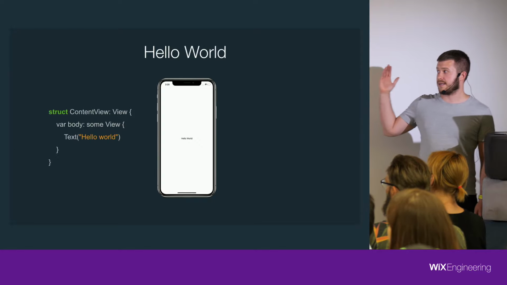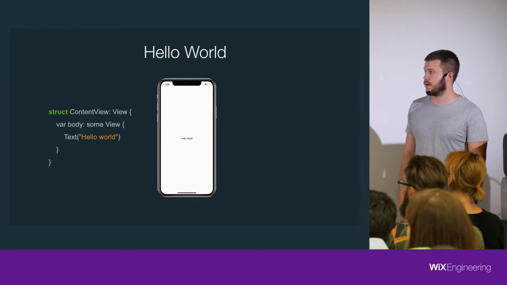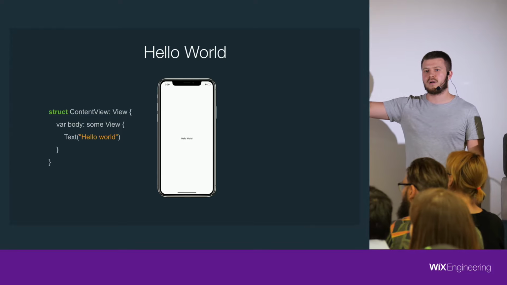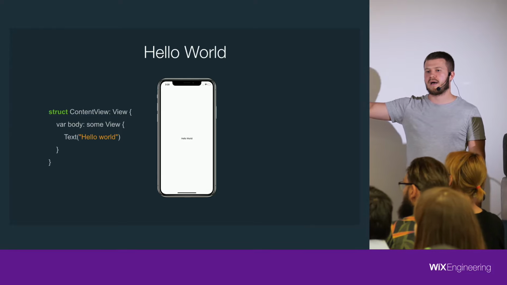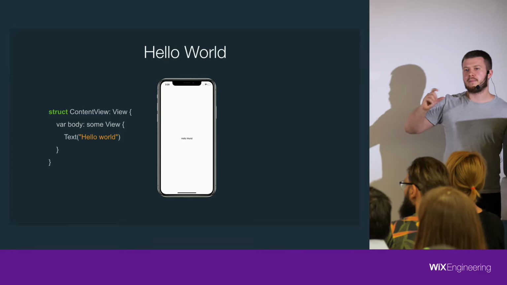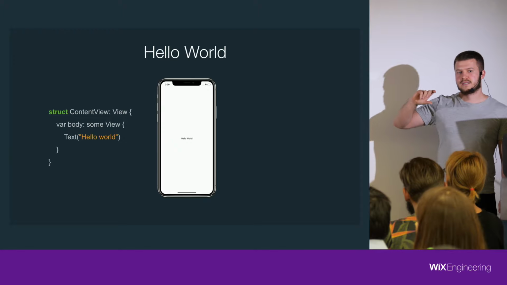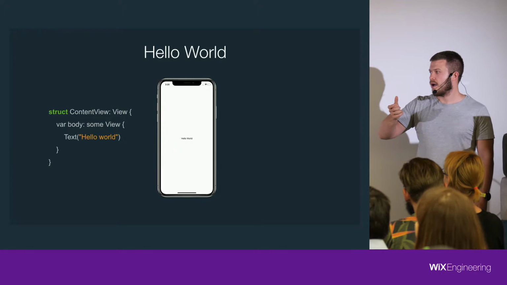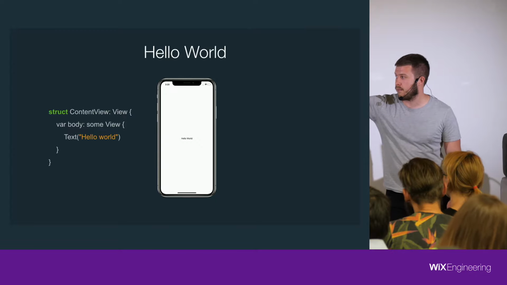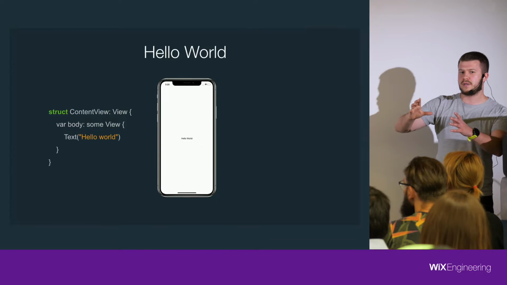Hello World looks like this. So it's also very simple, but as you see, here is more boilerplate code compared with Jetpack, because Jetpack has a compiler that generates it with annotation. Here we have a body, like we create a view.